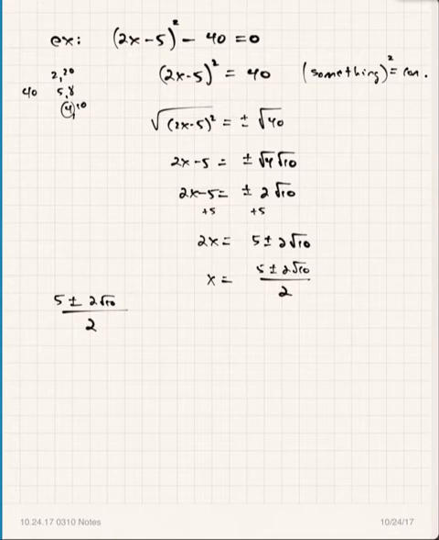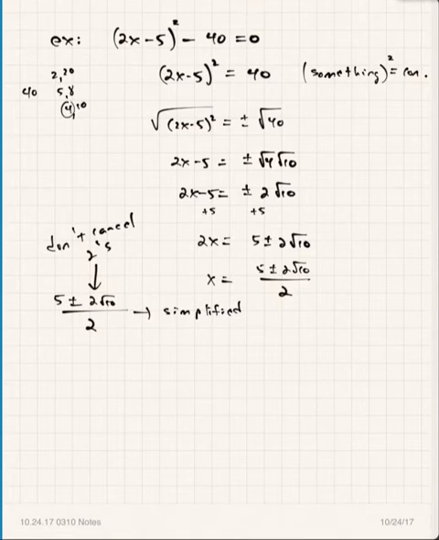And so this one is simplified. Don't cancel the 2's right here, because that 2 in the numerator is part of an addition and subtraction problem. And the only time you can divide it out is if it's a multiplication problem, remember.